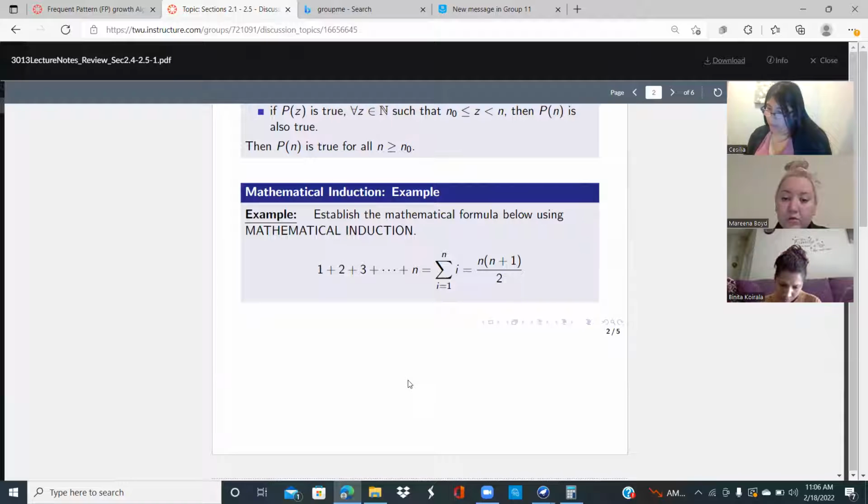With mathematical induction, you use the variables given in the problem. Then you do the basis step to prove that it's true. Then you go on to the induction step where n equals k plus 1. You plug that in and make sure that both sides equal the same result that you had previously.